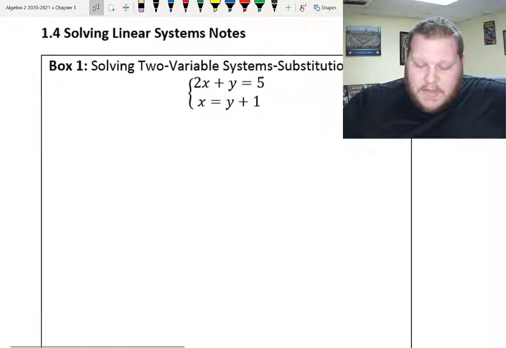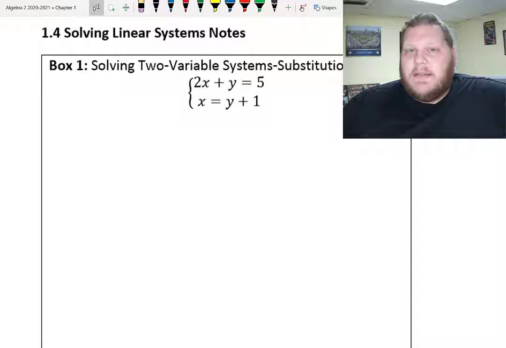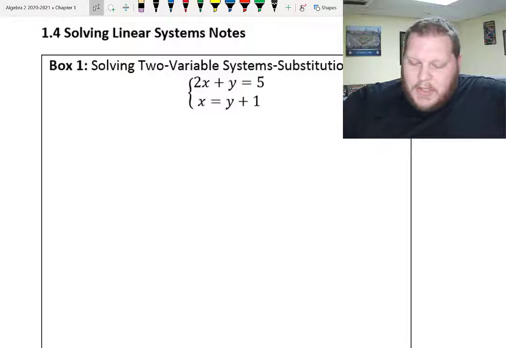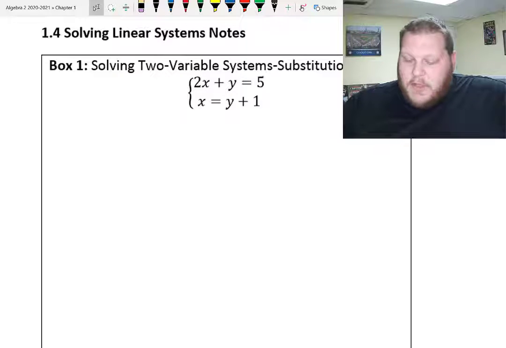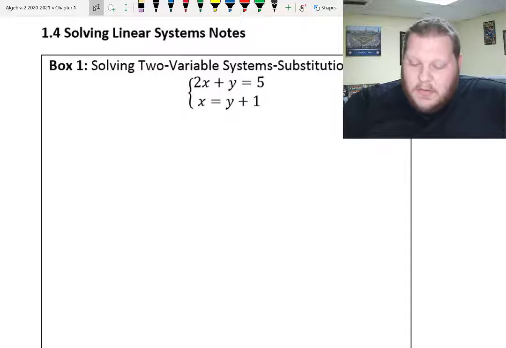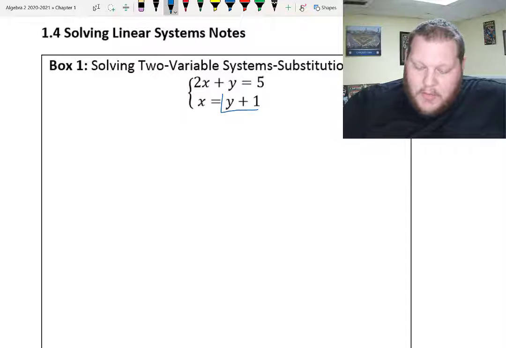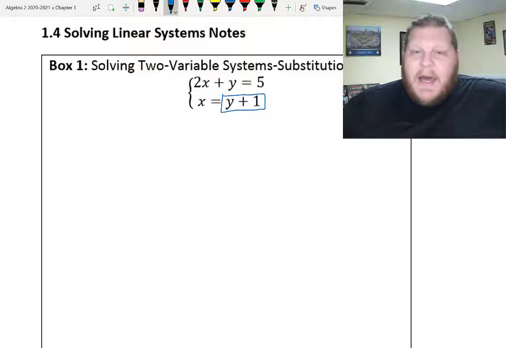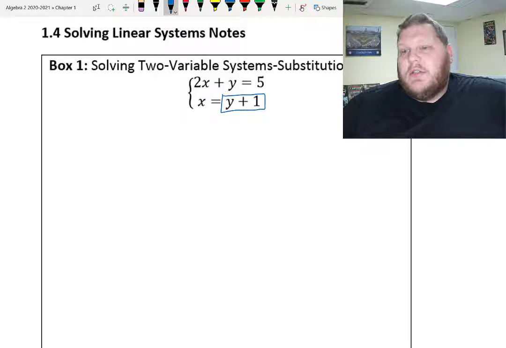So if we're solving using substitution, remember what that means is we're taking one of my variables in one of my two equations and substituting it for that same variable in my other equation. So looking at our system here for box 1, we've got 2x plus y equals 5, and then x equals y plus 1. So here we already know what x is equal to in my bottom equation. I know in that bottom equation x equals y plus 1.